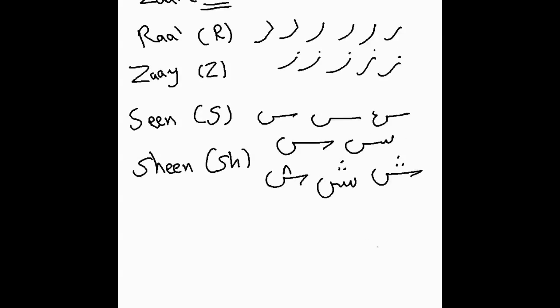Now after that we have Sad. I don't think there is an English equivalent for Sad, and it's pronounced as sah. It's like a thick S with sah. So Sad is like a loop and then a circle. A loop and a circle.